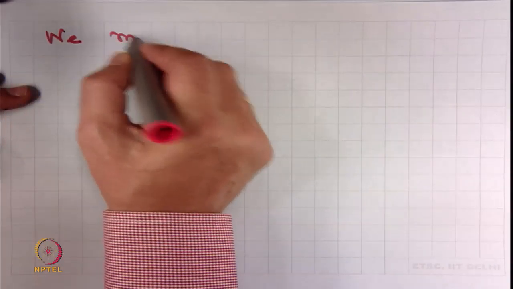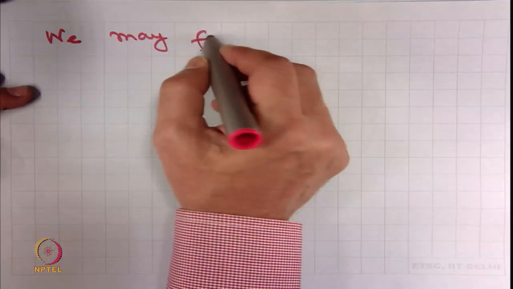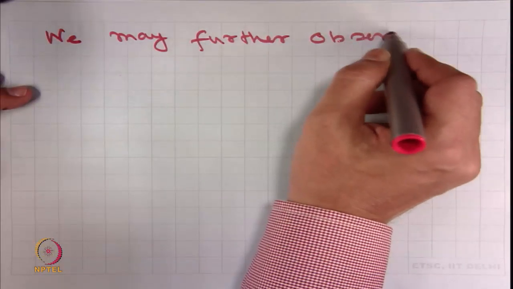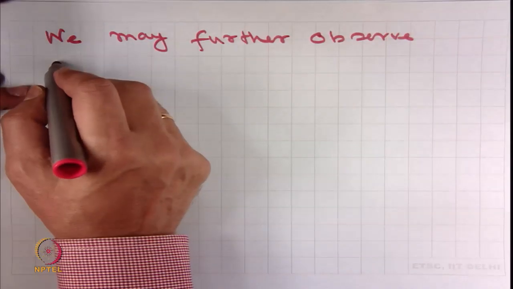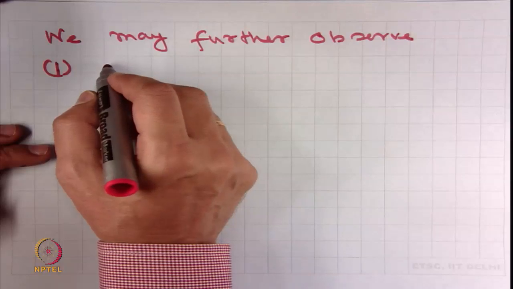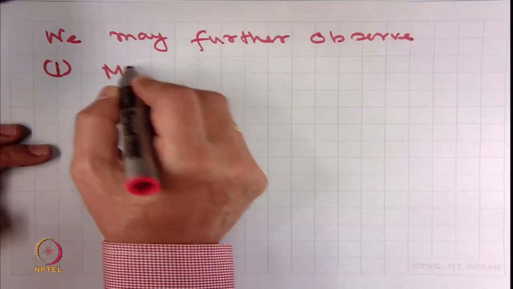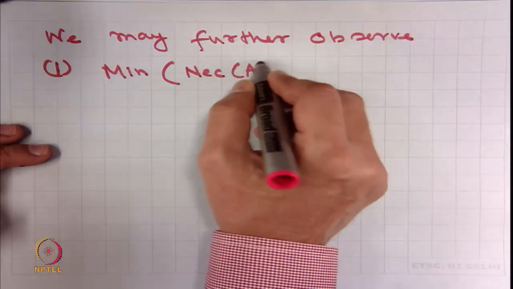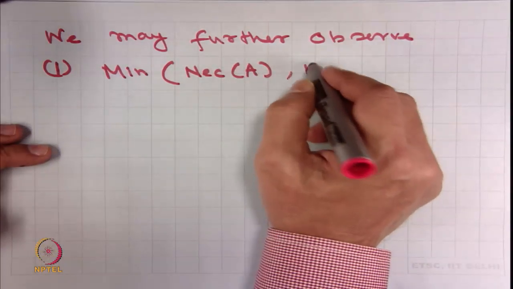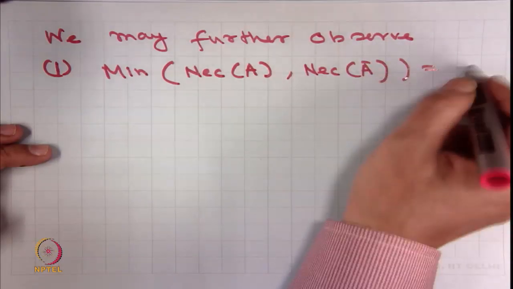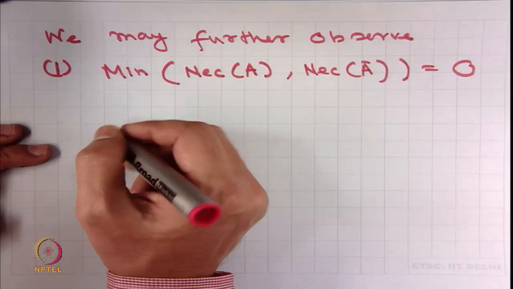We may further observe one, minimum of necessity of A and necessity of A complement is equal to 0.